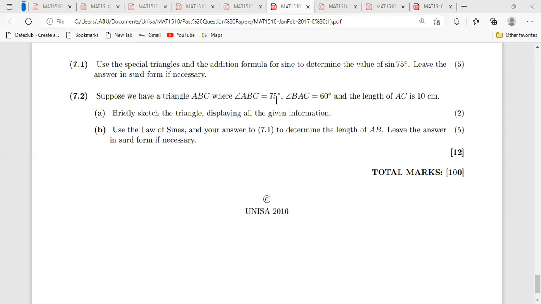They say angle ABC is 75. So angle ABC, meaning this angle, right? If we're going to say this is A, this is B, this is C, this is the angle they're talking about.